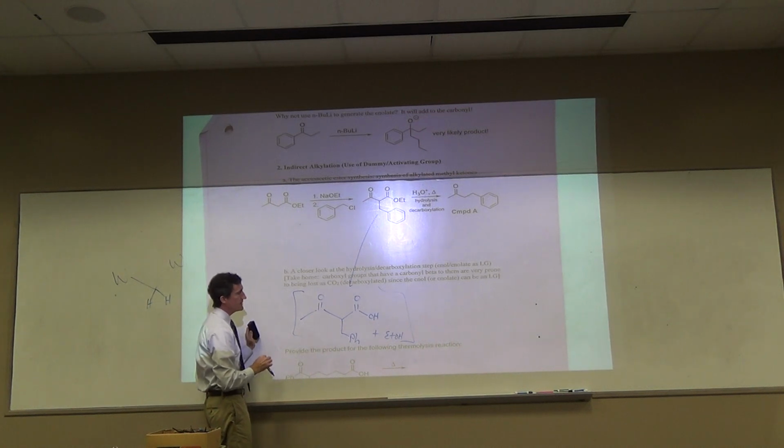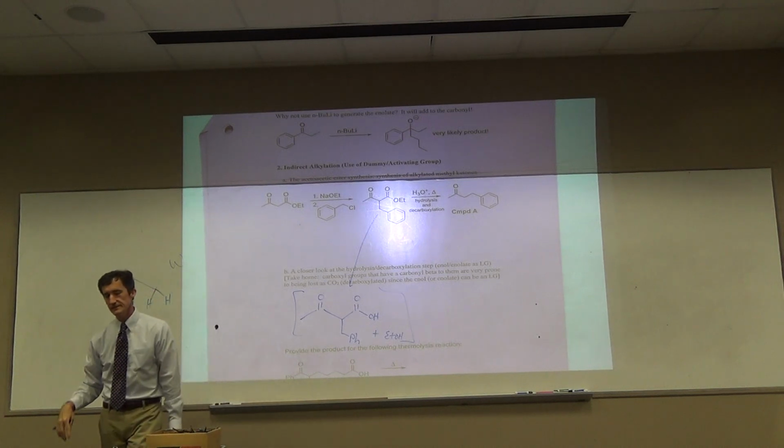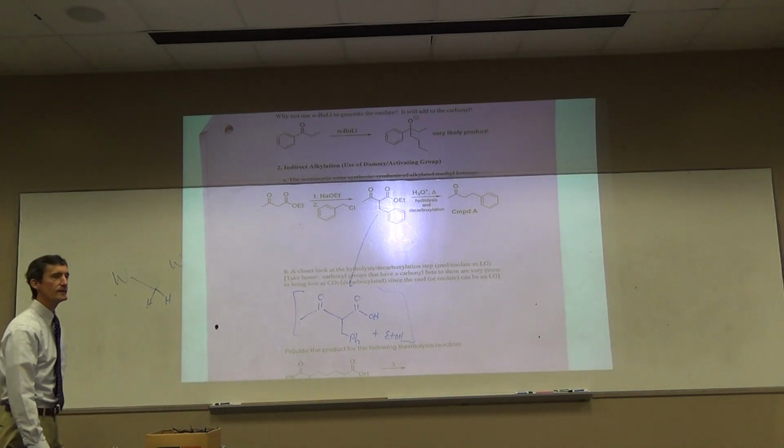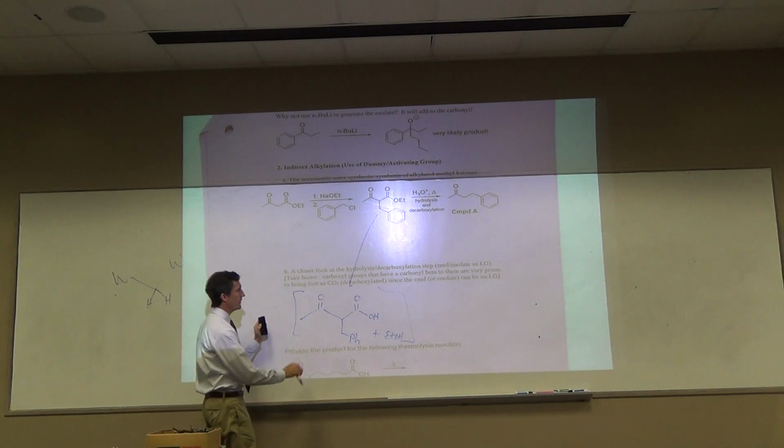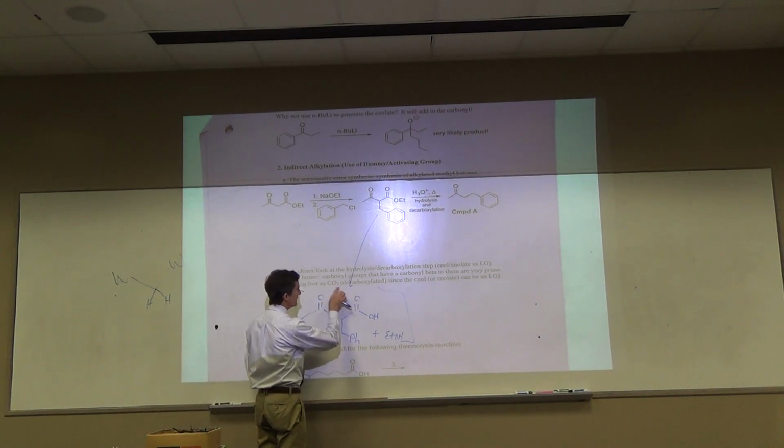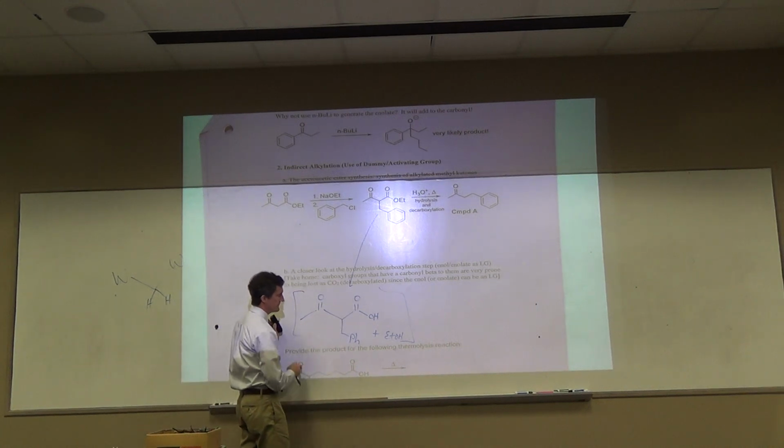The mechanism here, I may not be strictly doing it. I'm going to do it my own way. It may not be correct, I'm telling you that, but it makes sense of what we've talked about before.